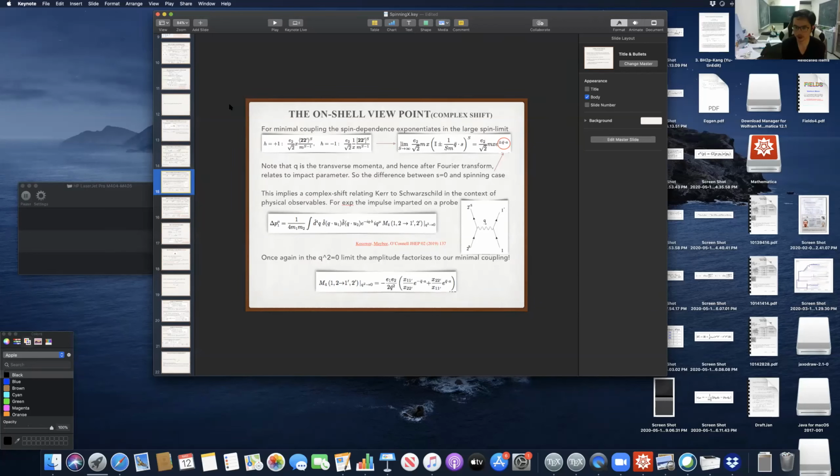But how about this phase shift? How would you include the magnetic charge at 2 PM? How would you include the duality transformation when you're just in a two-body case?